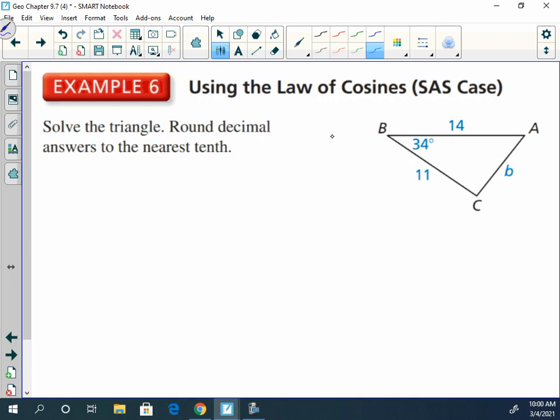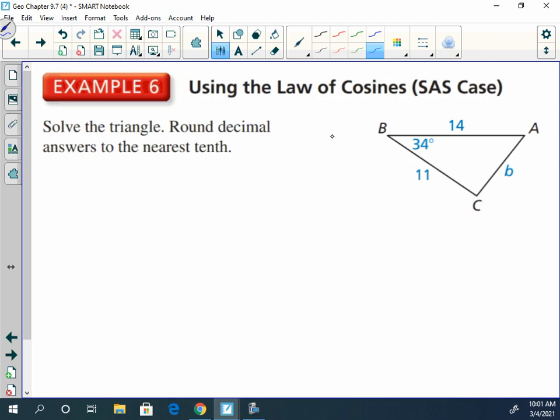So when we look at this here, we're given two sides and an angle. So we're trying to find side length B and then angle A or angle C. Unfortunately, to find one of the angles, we're going to have to use the value of B. There's just no other way around it. So we'll have to use a decimal side length.